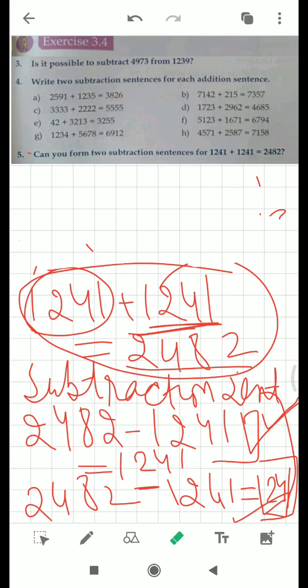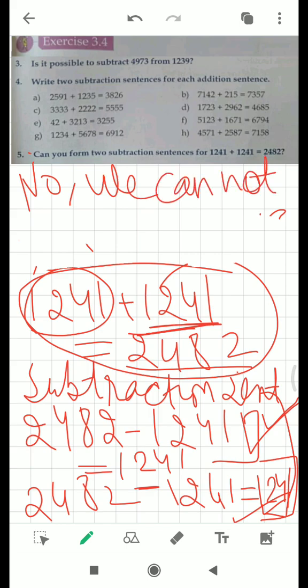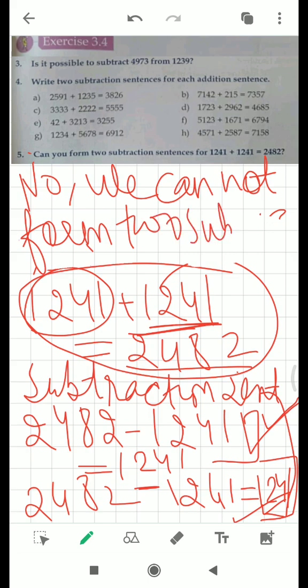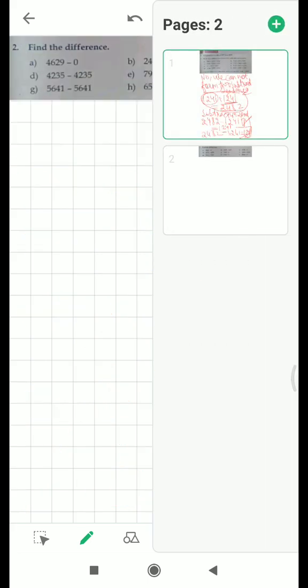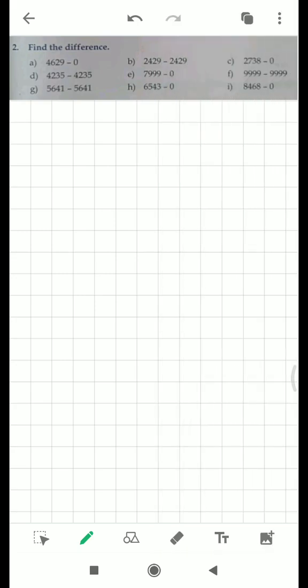No, we cannot form two subtraction sentences. That's all. Okay. So let's just move to question number 2, which comes before those all questions.